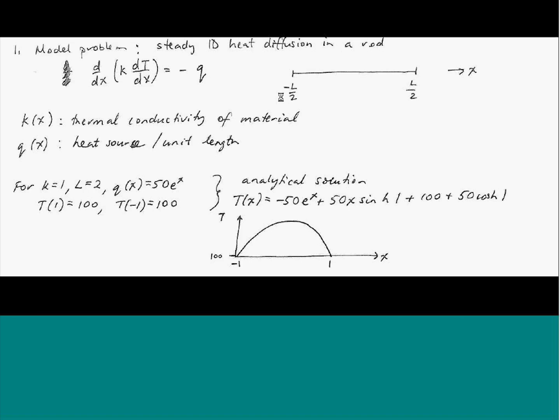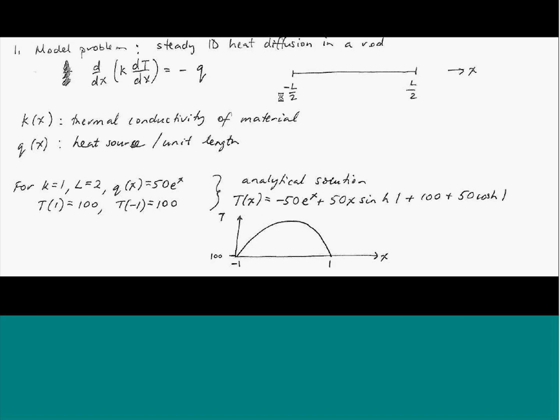Okay, so for that particular case, we have an analytical solution that you could get by integrating the PDE, and that turns out to be T of X is -50 e to the X plus 50x, the hyperbolic sine of 1, plus 100 plus 50 times the hyperbolic cosine of 1.